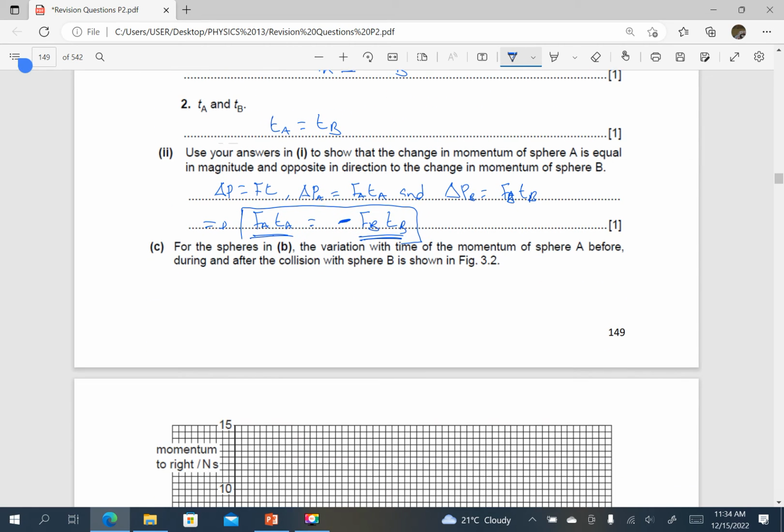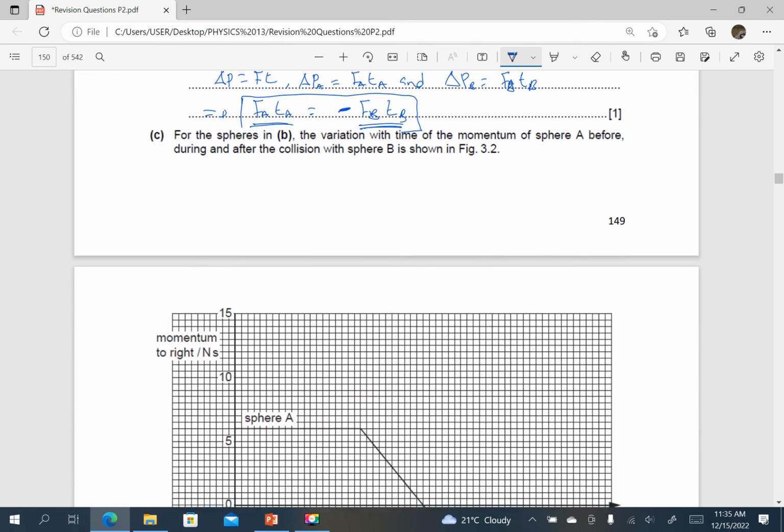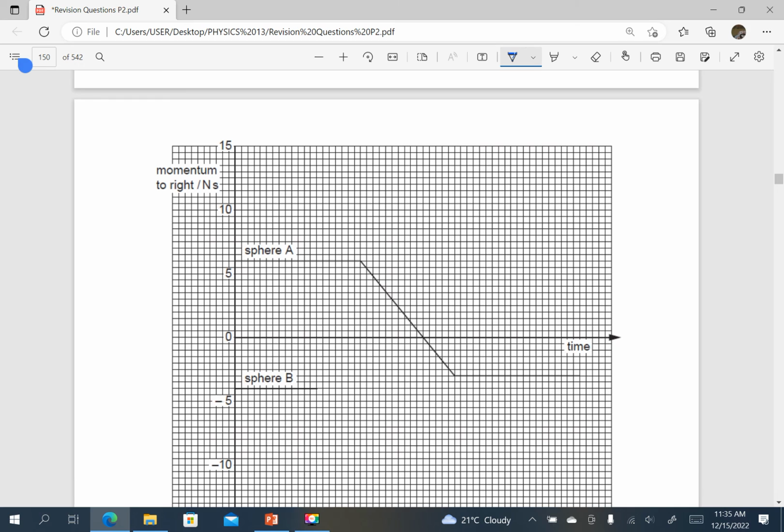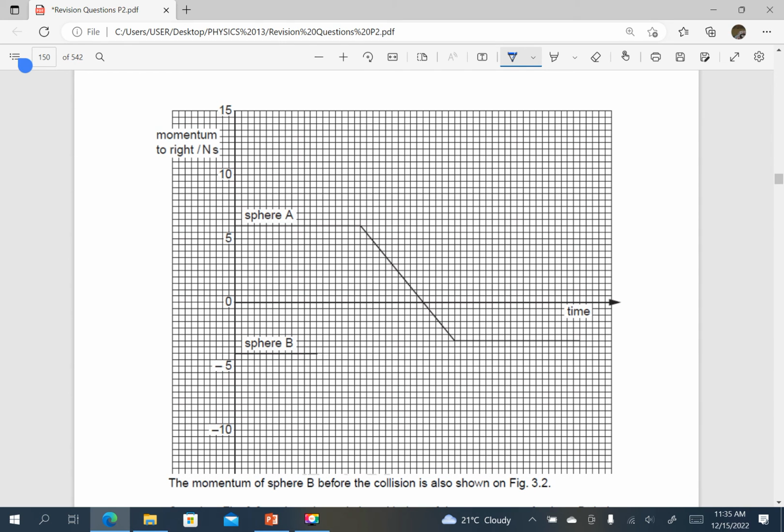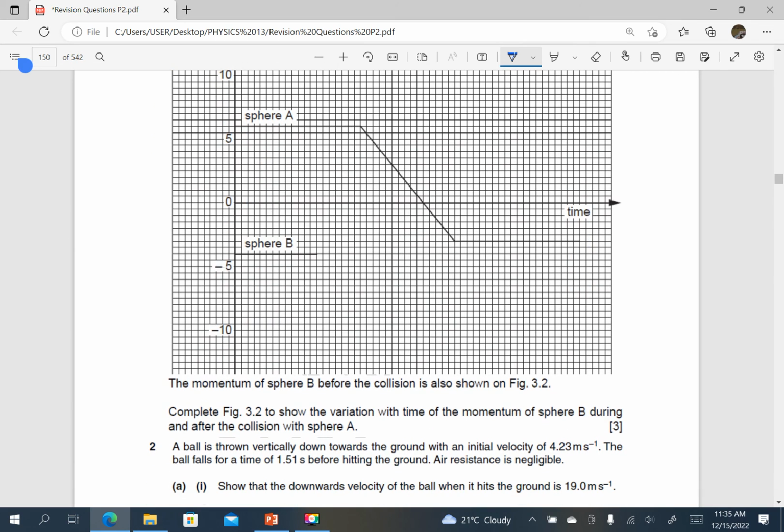For the spheres in B, the variation with time of the momentum of sphere A before, during, and after collision with sphere B is shown here. They have shown us a graph which is incomplete, and they are telling us to complete the momentum of sphere B before the collision, also shown in figure 3.2.